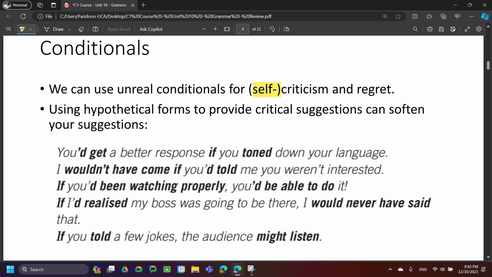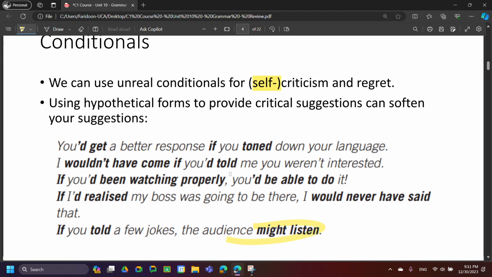Like, you'd get a better response if you toned down your language, or I wouldn't have come if you told me you weren't interested. If you had been watching properly, you would be able to do it. If I'd realized my boss was going to be there, I would never have said that. And if you told a few jokes, the audience might listen. So all of them are really good ways to do these kinds of things, right?